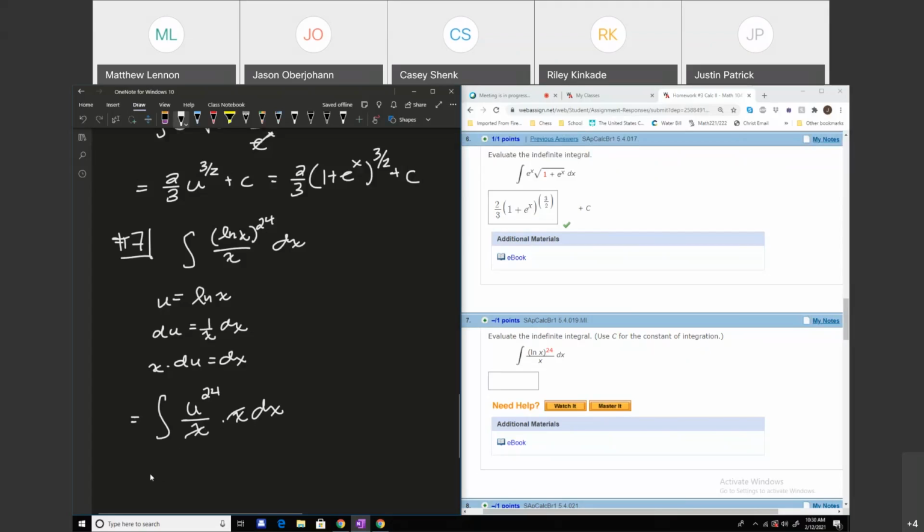So the x's cancel. And your antiderivative now is just u to the 25th over 25 plus a constant. And if we move back to x's, u was the natural log of x. So it's the natural log of x to the 25th over 25 plus a constant.